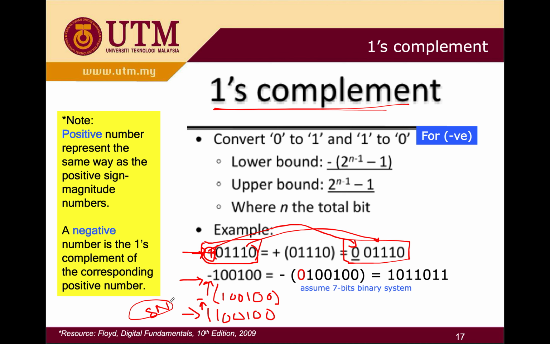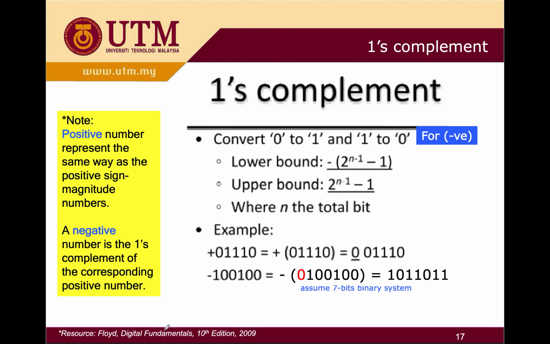But this one is for your first complement. You were given this number and you will take this, put it here, and you look over here. Oh, this is negative. Then you need to apply this one. So you apply this one in here.